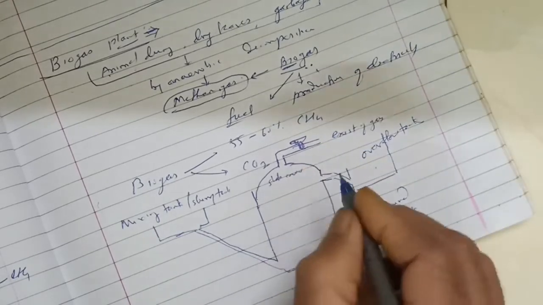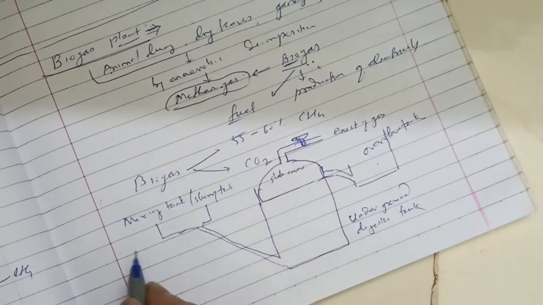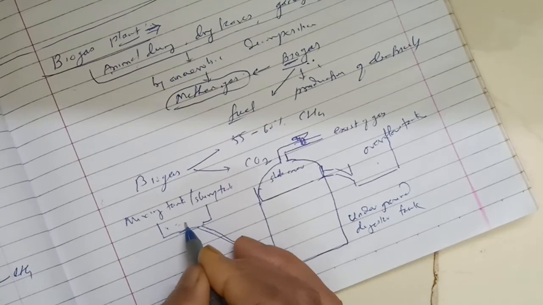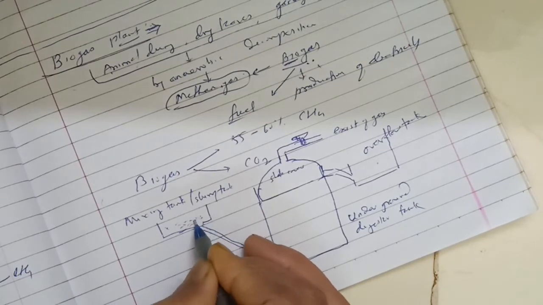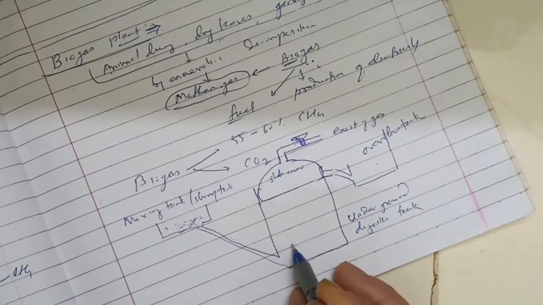Here, how is this biogas plant working? Through the slurry tank or mixing tank, all the animal dung, dry leaves, and garbage are mixed with water and enter this tank.